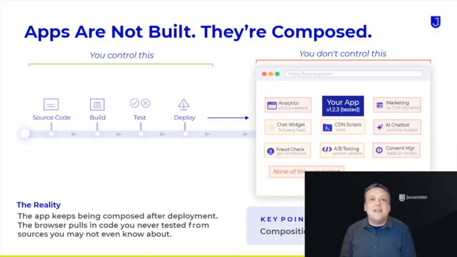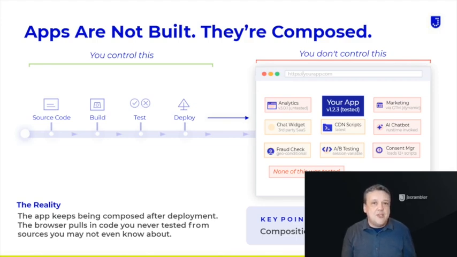You'll see analytics scripts, marketing pixels, chat widgets, CDN-hosted scripts, AI chatbots, fraud detection systems, A/B testing frameworks, consent managers, and that list goes on and on. Even if you tested all of these scripts in your test phase, they're not static. Those vendors can, and they do, update their scripts all the time.